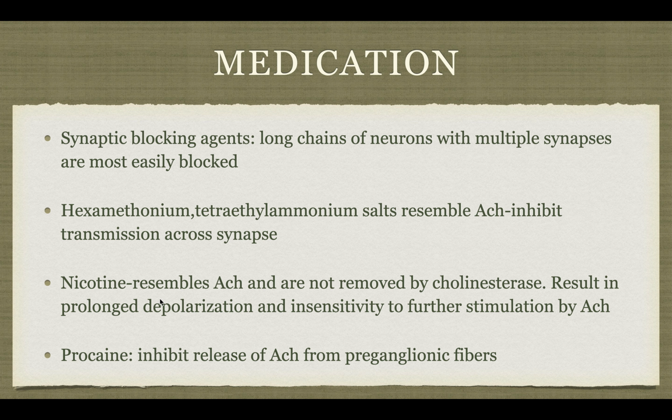Nicotine will resemble acetylcholine, and it is not removed by acetylcholinesterase. Instead, there's going to be a prolonged depolarization and insensitivity to further stimulation by normal acetylcholine. Procaine is an anesthetic drug, and it inhibits the release of acetylcholine from the preganglionic fibers.